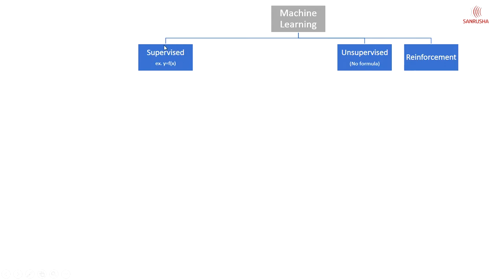Supervised algorithm is followed when your data can be fit into a formula. If you put that data in that formula, you can predict the next set of data, next set of acts. That is supervised. Unsupervised is when you cannot have any formula on your data. Your data is not labeled.